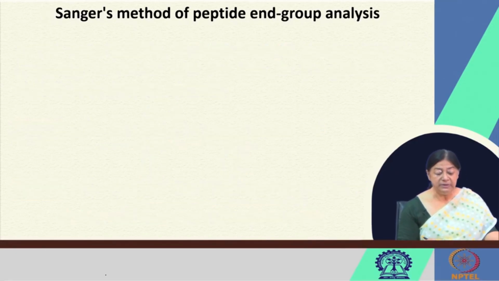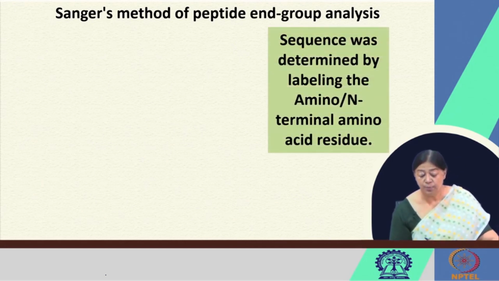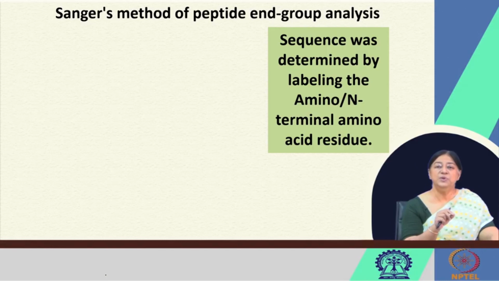Just for a preliminary idea, to understand Sanger's method for peptide end group analysis, it is just a labeling. If we have a methodology by which we can label the end terminus of the polypeptide chain and cleave it, meaning break it off from the rest of the polypeptide chain, and have a methodology to analyze which amino acid has been broken off, I can find out what the end terminus is.